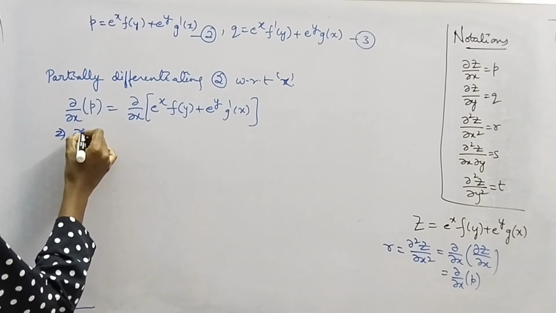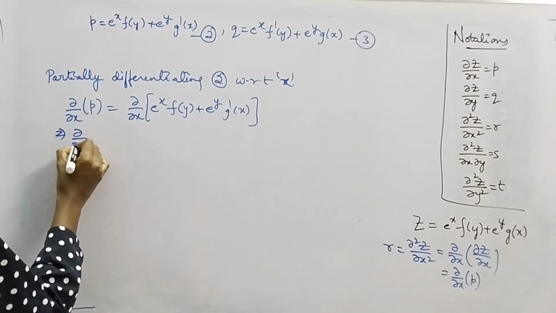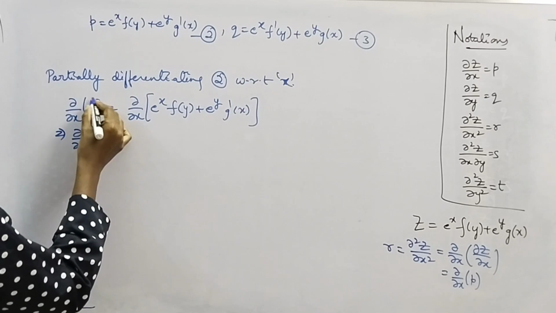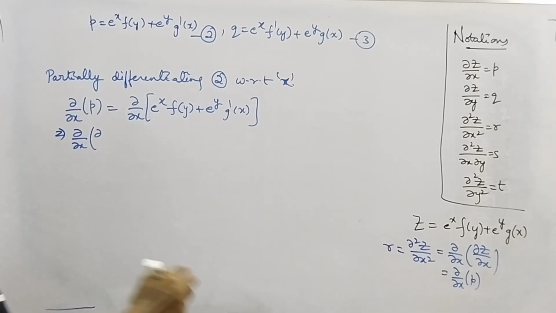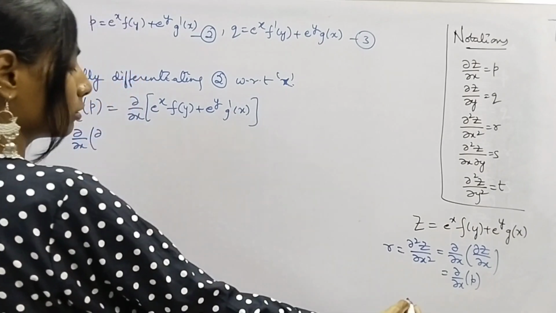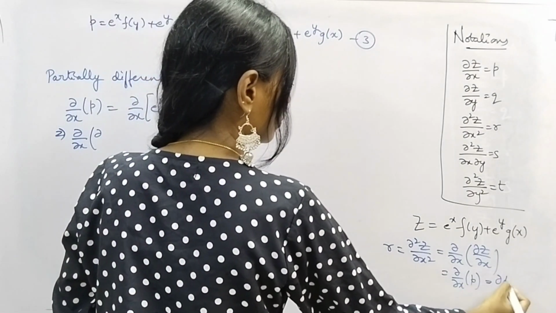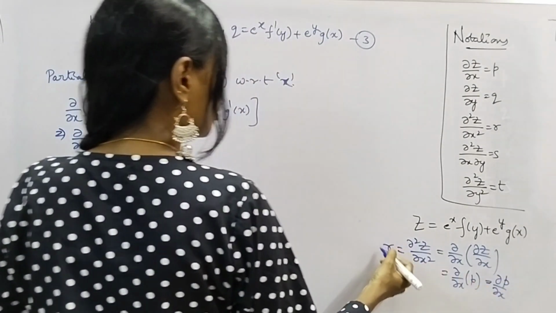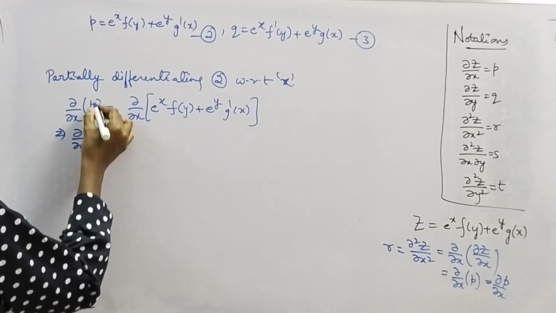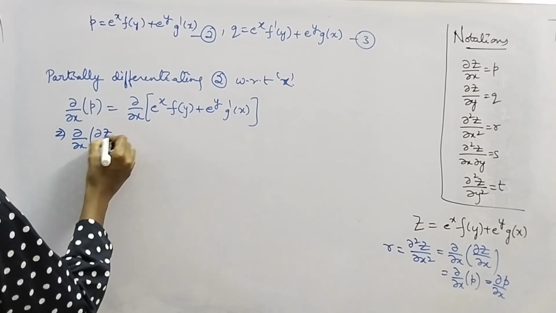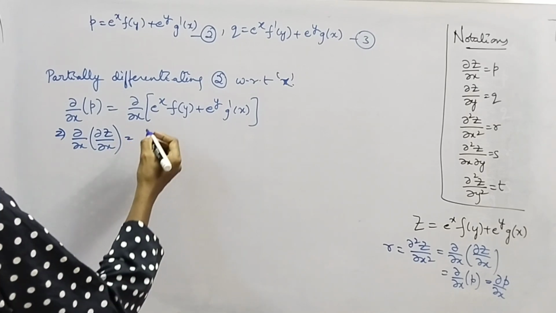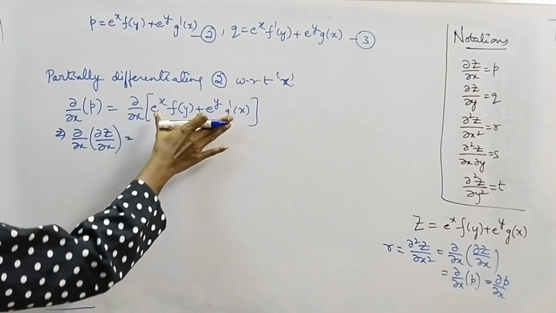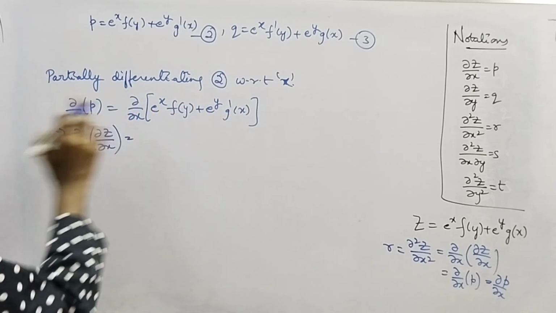Okay, this gives us dou p by dou x, which is also r. But I'll replace this p by dou z by dou x, the known term, right? This gives us partial derivative with respect to x, right?